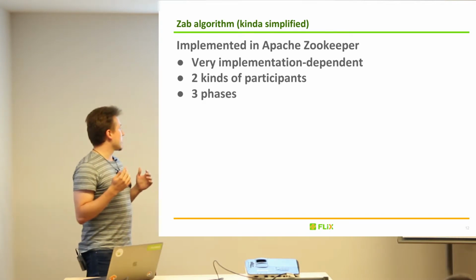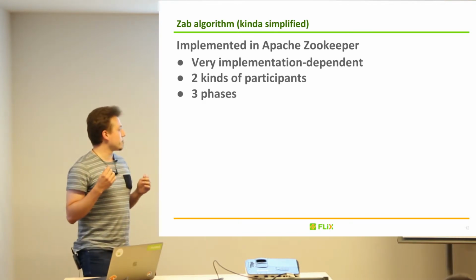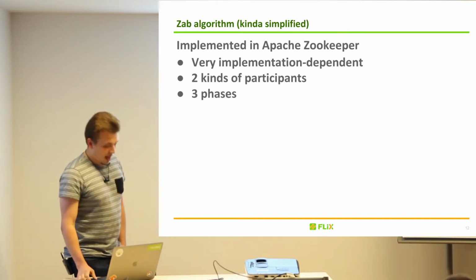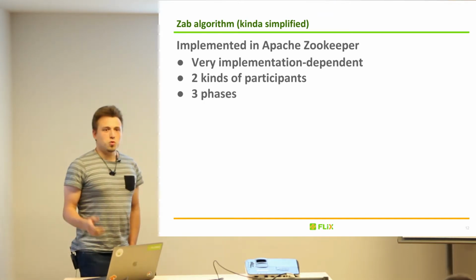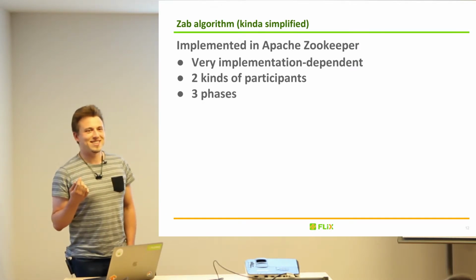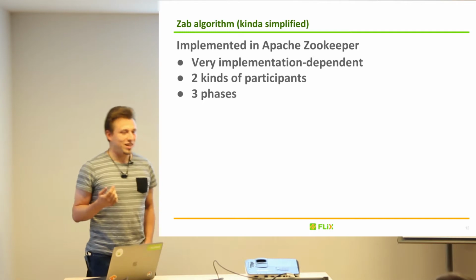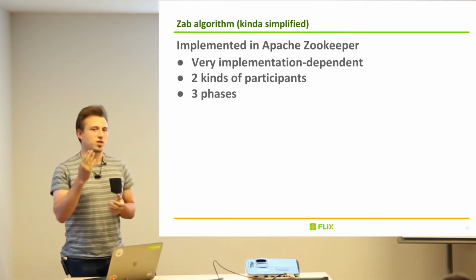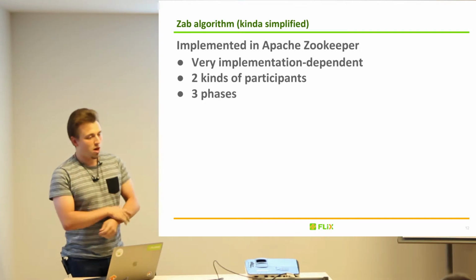It discusses two kinds of participants and three phases. So who knows Apache Zookeeper? Who doesn't? Anyone? Okay, yeah. In general, Apache Zookeeper is a distributed key-value storage, like etcd, for example, that was already mentioned.